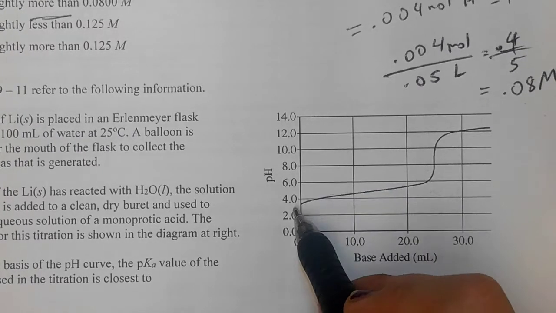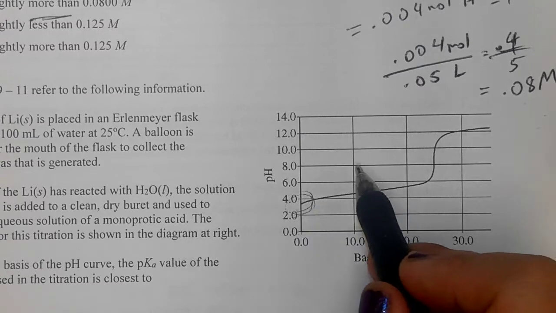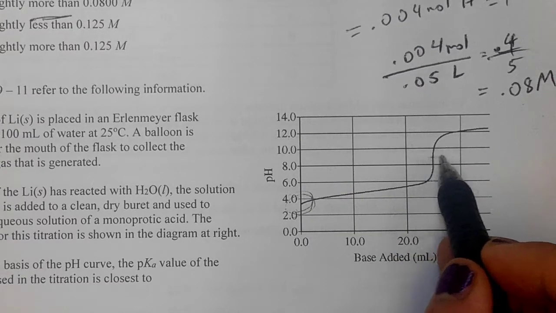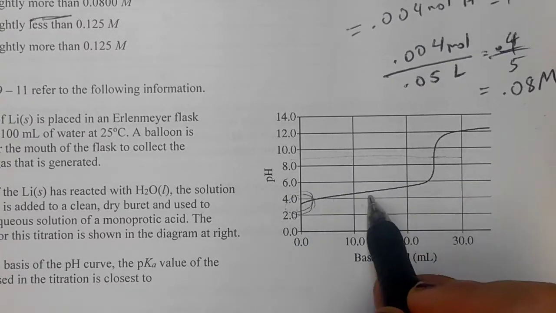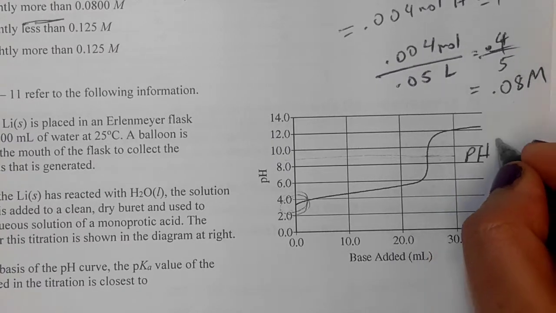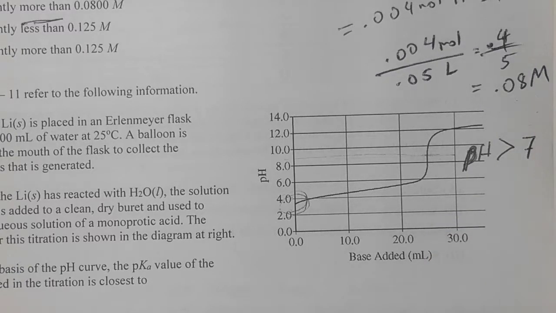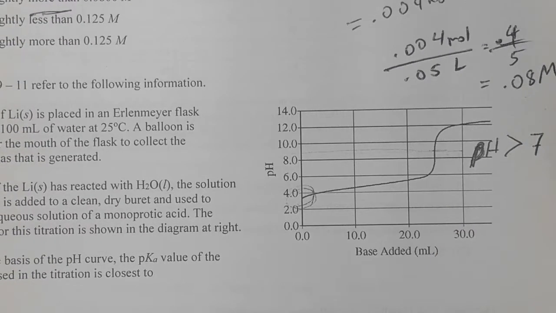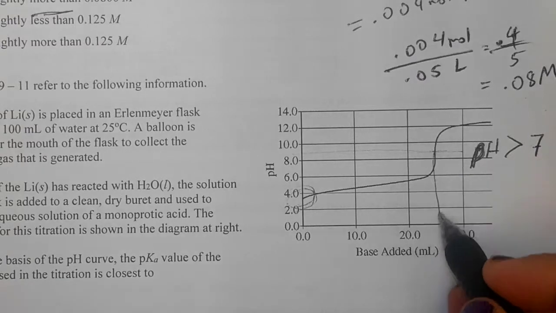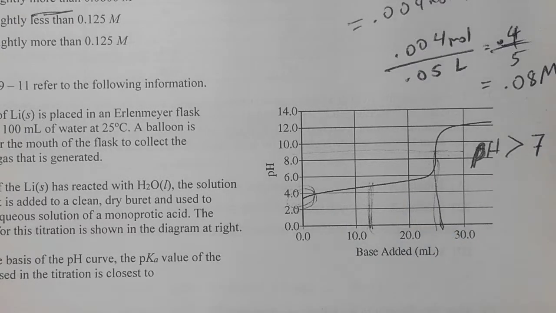But take a look at it. It's an acid titration. Take a look at where the halfway point or the equivalence point is. The equivalence point is over 7. So pH at the equivalence point is greater than 7. What does that signal? It's a weak acid. In a weak acid, there is a special case to find pKa. How do you find it? Halfway point pH. Since the equivalence point is about here, the halfway point is about over here, right? 12 something.